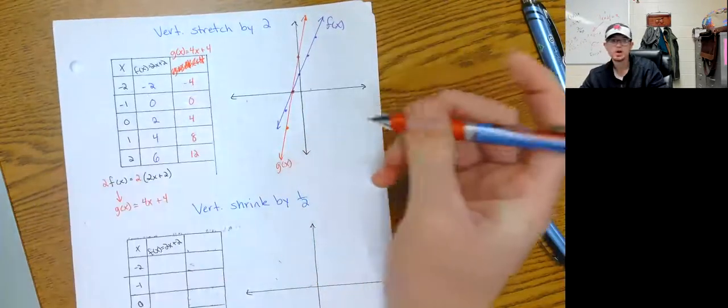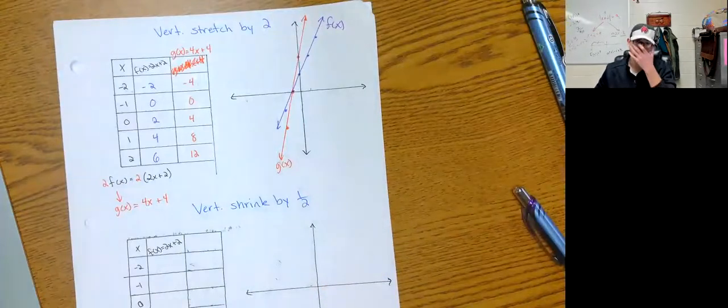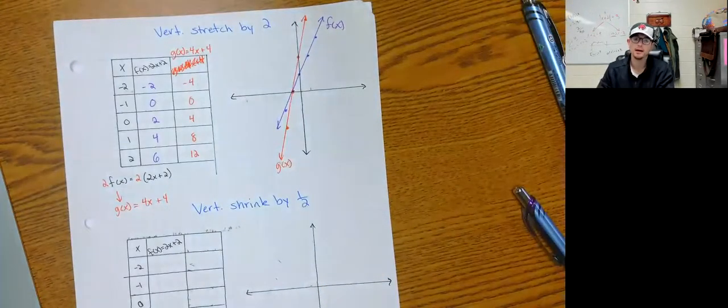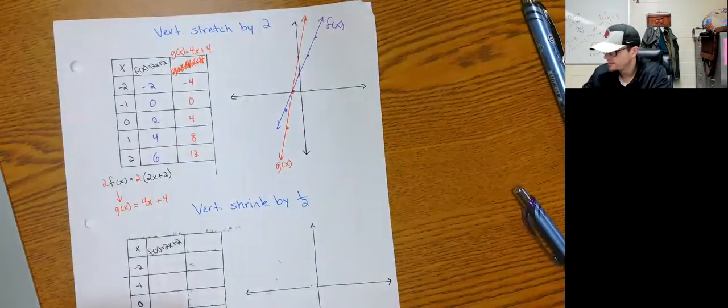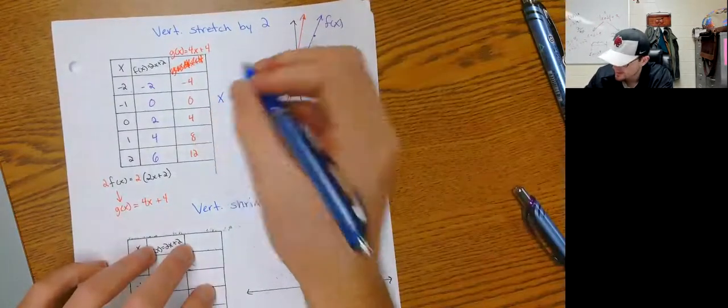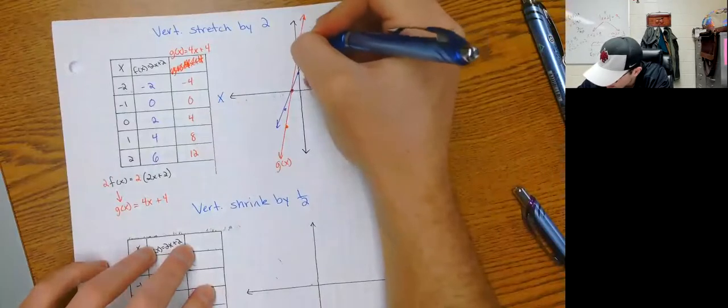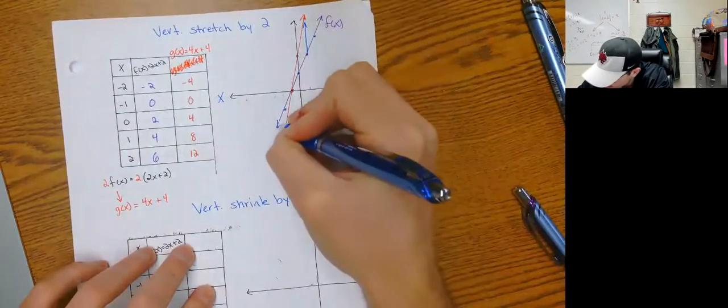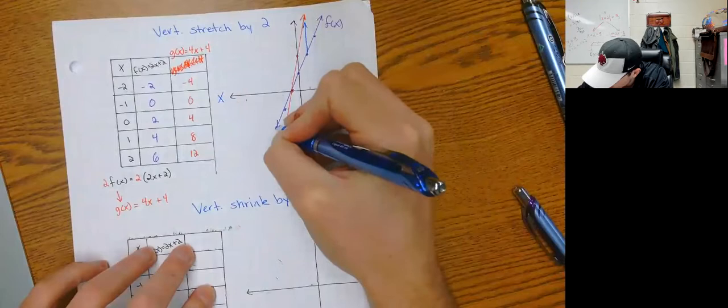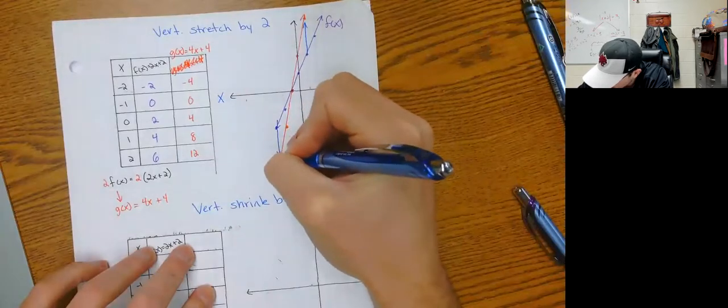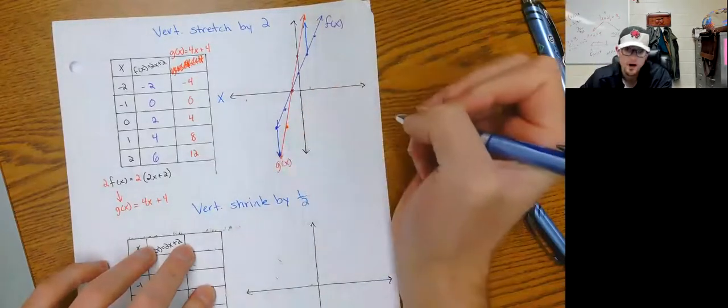Now remember, a vertical stretch means pulling away from the x-axis. There's actually a point right here, and I'm pulling away from the x-axis.